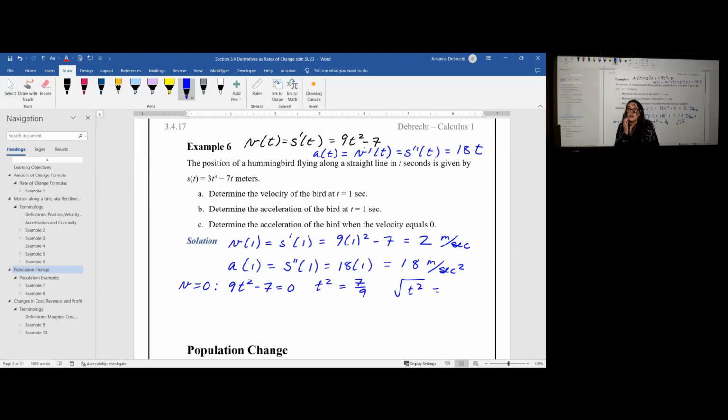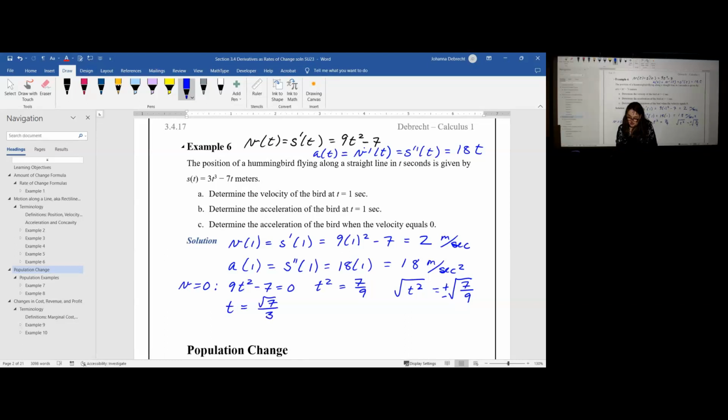Normally, when you're putting in the radical, you'll put in a plus or minus. In this case, we know that the time represents something positive, so it will be strictly the positive root, though mathematically it would be either one. In our case, we get square root of 7 divided by 3.